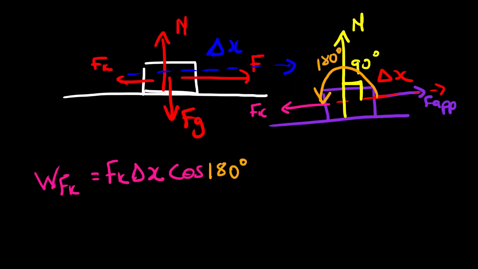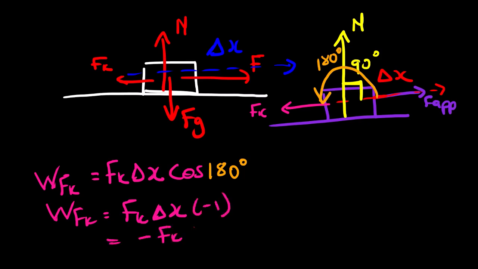Now we know that cos 180 degrees is equal to -1. So we have Fk times change in x, and then this will be -1. Then this will result in negative Fk times change in x.